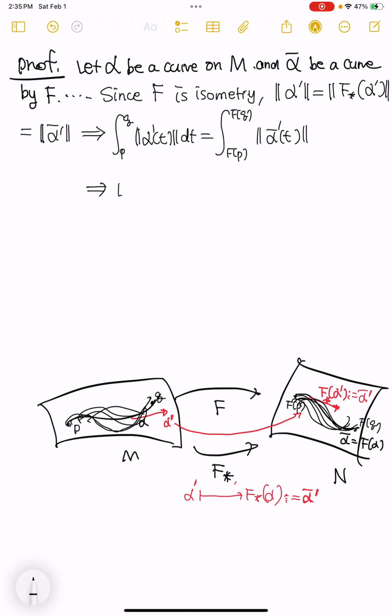Which means that the arc length is the same.